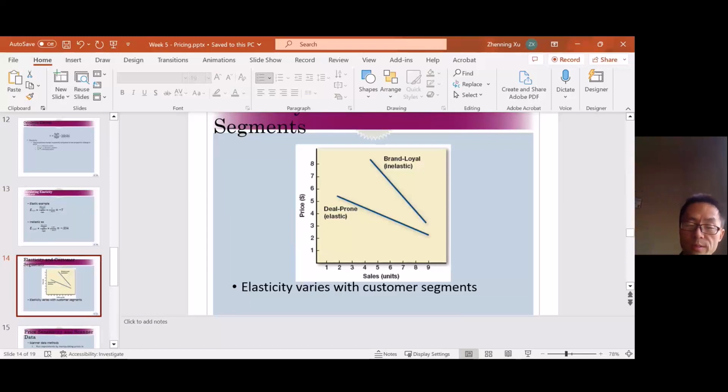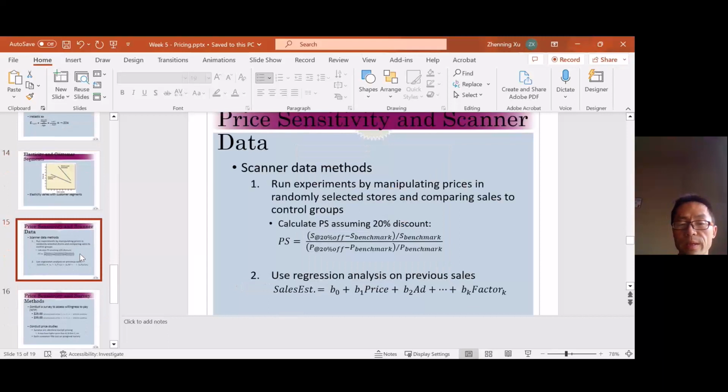But for some products, demand will change significantly when the price changes. With these kinds of products, you have to make sure you constantly have coupons and promotions in order to get more customers.